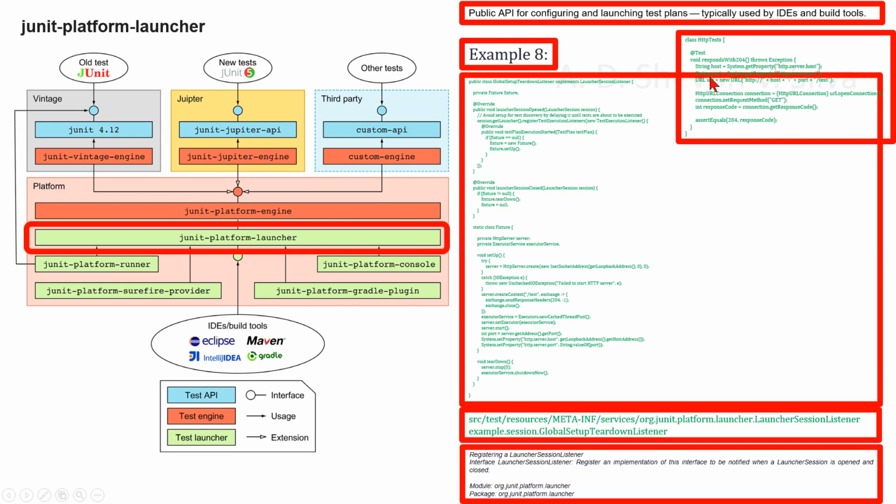Send the request to the server and check the status code of the response. And here you can see, avoid setup for test discovery by delaying until tests are about to be executed.